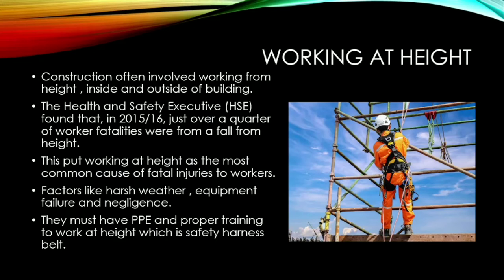The Health and Safety Executive, also known as HSE, found that in 2015 and 2016, just over a quarter of worker fatalities were from a fall from height. This puts working at height as the most common cause of fatal injury to workers.